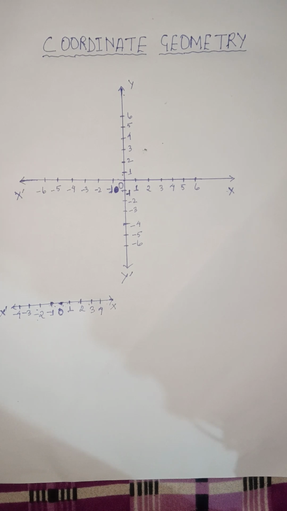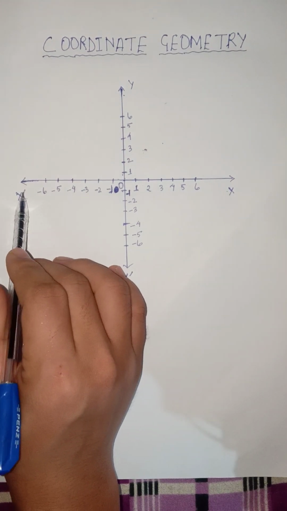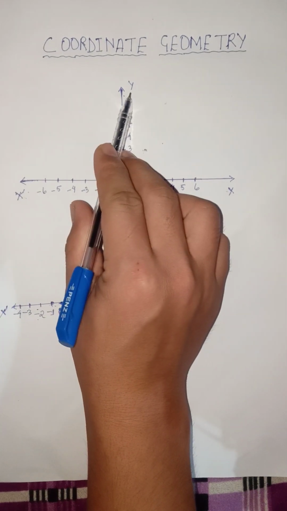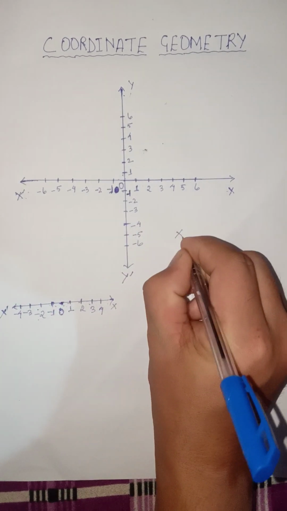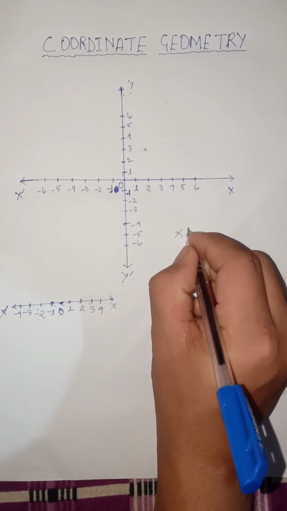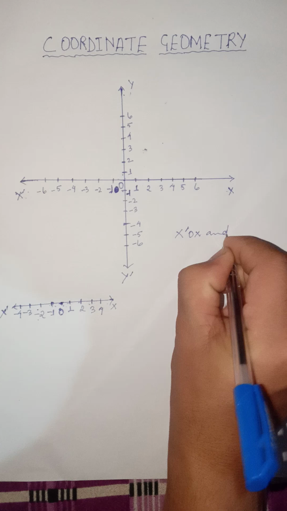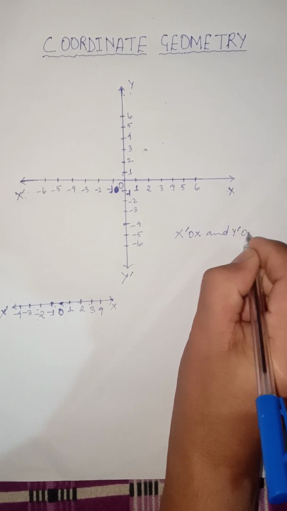Then I will move to the rectangular axis, or axis of coordinates. What do you mean by this? Let us take this: if you start from here it is x dash 0 x, and if you start from here it will be y 0. That means it will be x dash 0 x, and after that we have y dash 0 y, right?